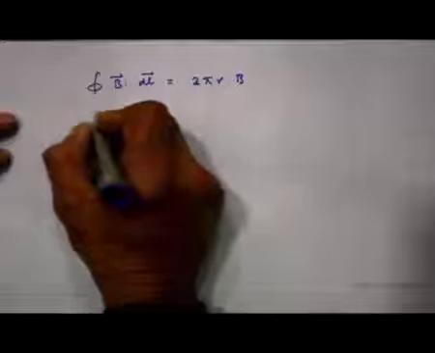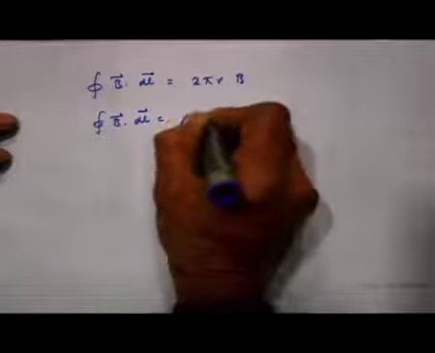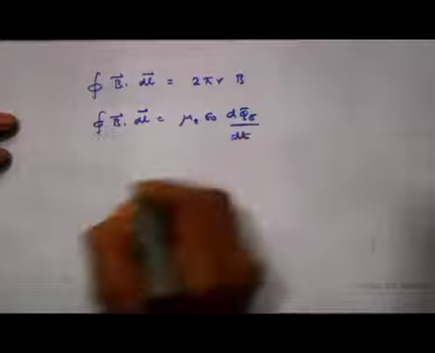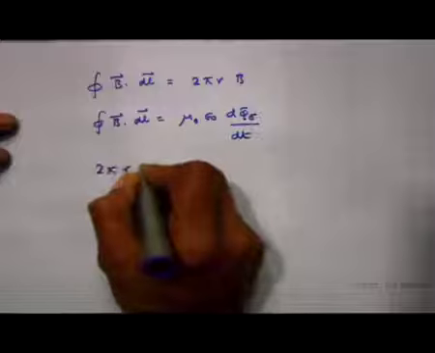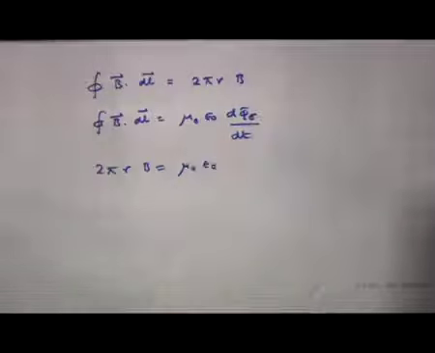So, if I use this equation, the integral of B dot dl is equal to mu 0 epsilon 0 d phi e by dt. This gives me 2 pi r times B is equal to mu naught epsilon naught into d phi e by dt.